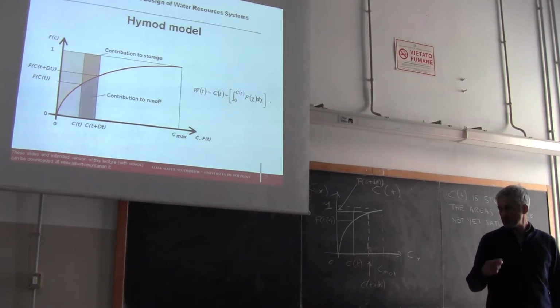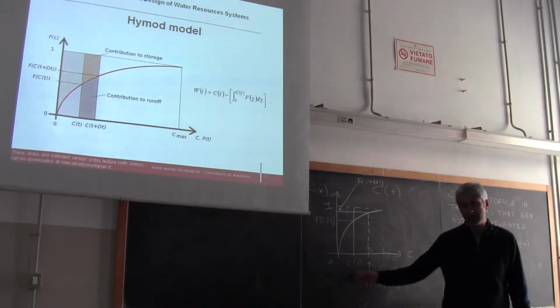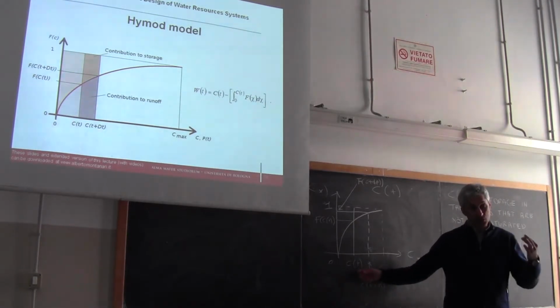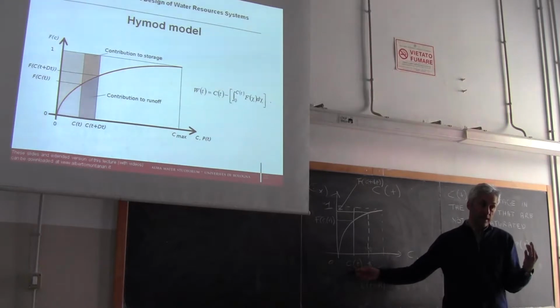Look, what does it mean? Percentage of catchment where the potential storage is lower or equal than what it rained so far, because Ct is what it rained so far. What does it mean? That the percentage of area of the catchment where, again, potential storage is lower or equal than rainfall.